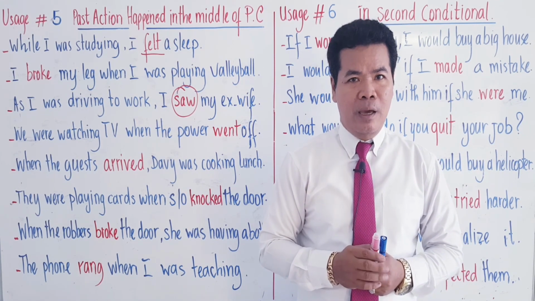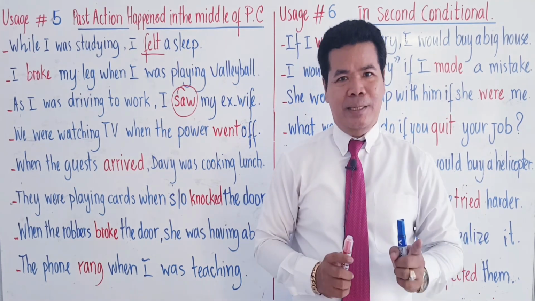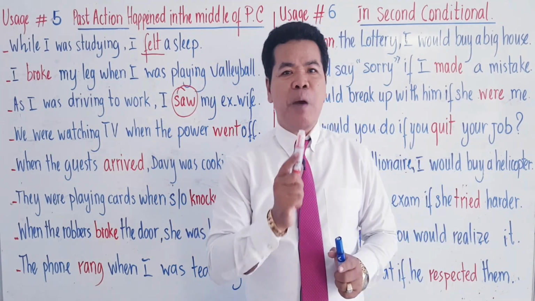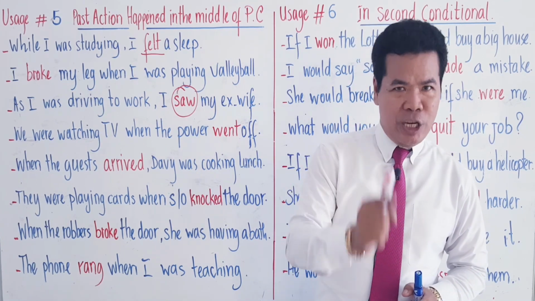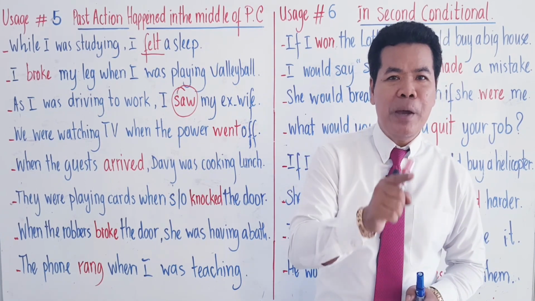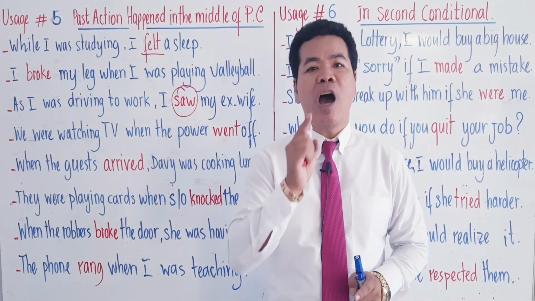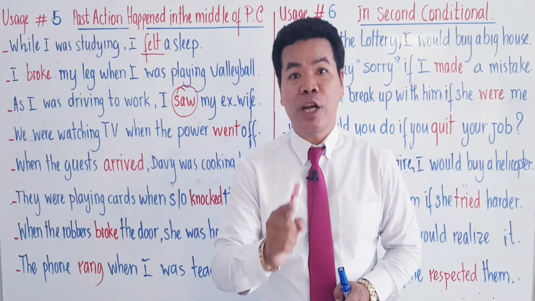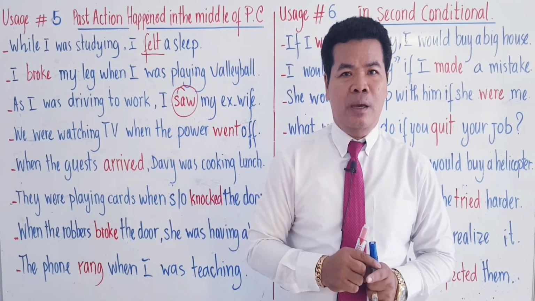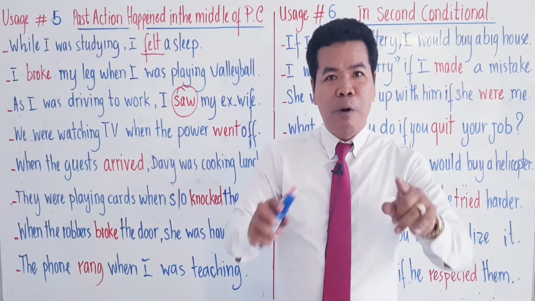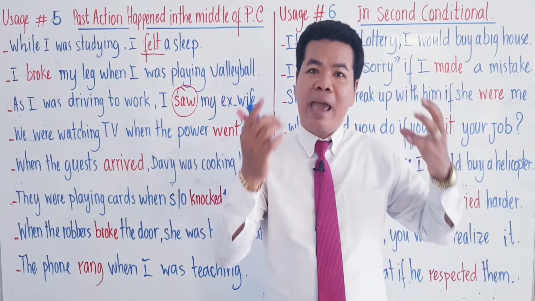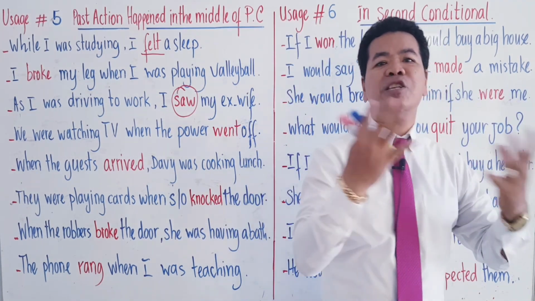Alright? So, once again, we use past simple to talk about a past action that happened in the middle of the past continuous. So, past continuous and past simple, both of the actions happened in the past and finished already in the past.